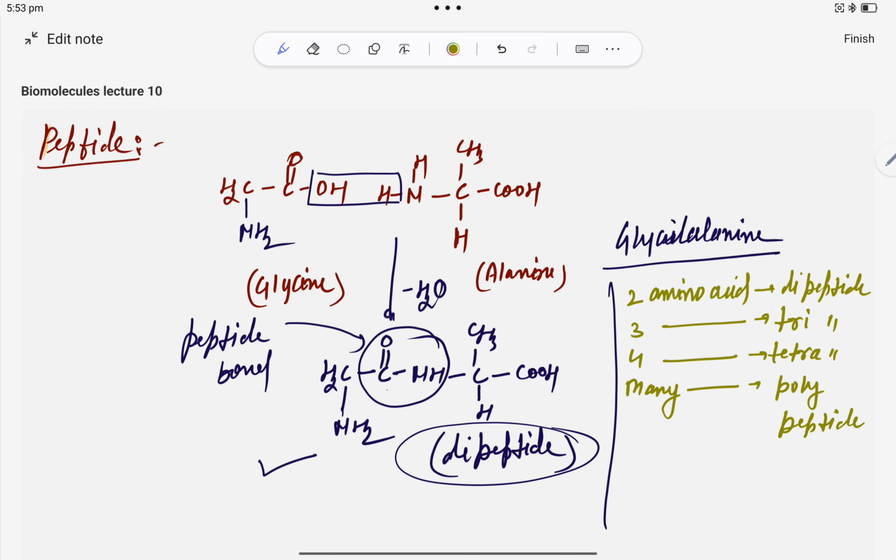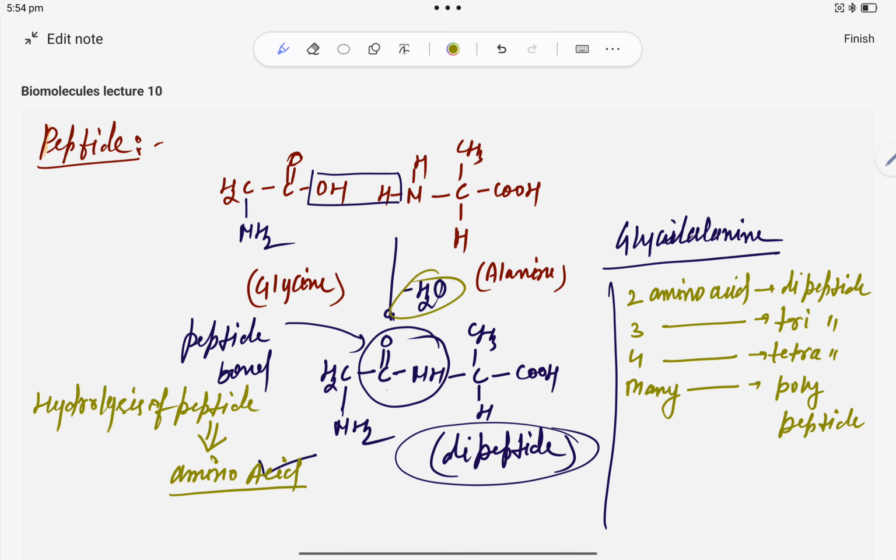The byproduct is water. If you are doing hydrolysis of peptide, then they will decompose into amino acids.